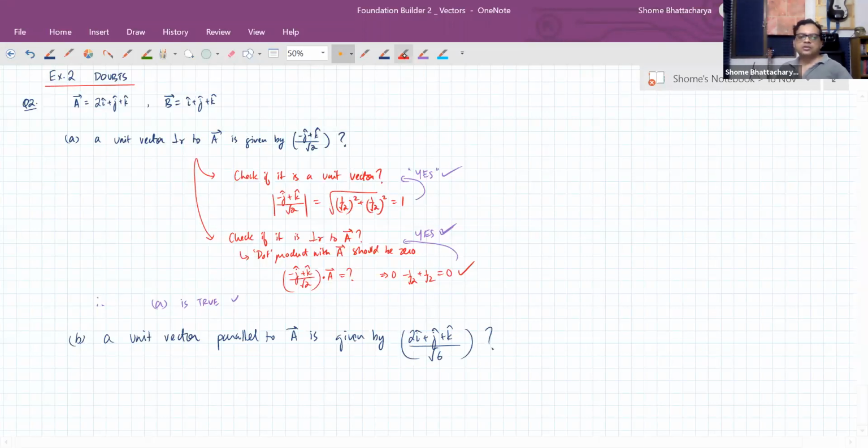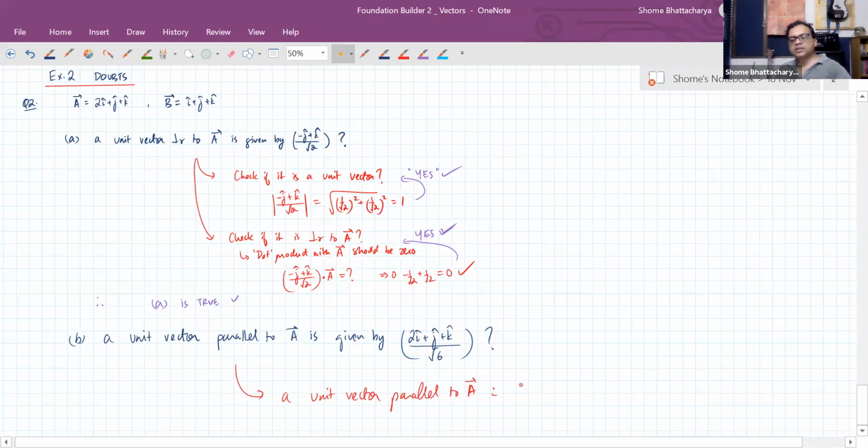Okay. So now this one is much easier. Here, what we can do is, a unit vector parallel to the vector A is nothing but A's own unit vector, which is vector A divided by its own mod. So that is nothing but 2 i cap plus j cap plus k cap divided by its own mod.